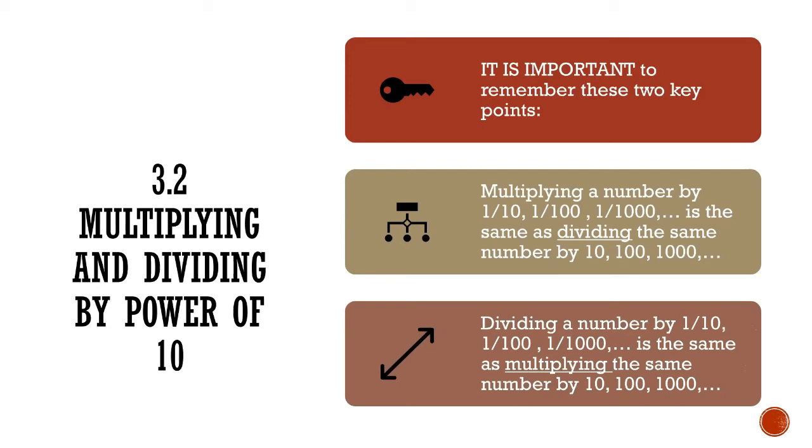Furthermore, dividing a number by 1 over 10, 1 over 100, 1 over 1000 is also the same as multiplying the same number by 10, 100, and 1000. You can note this down, but I think it's not really hard to remember this.